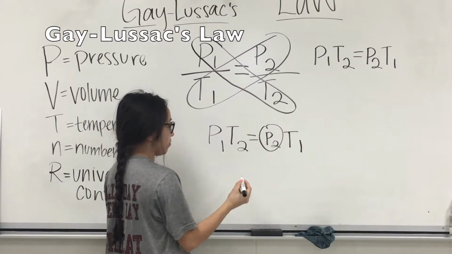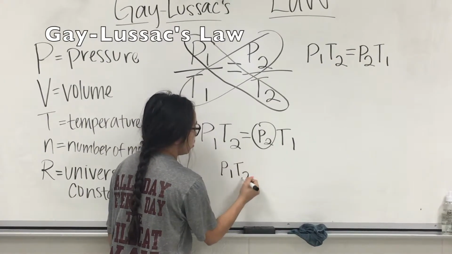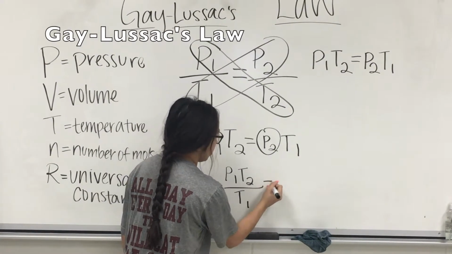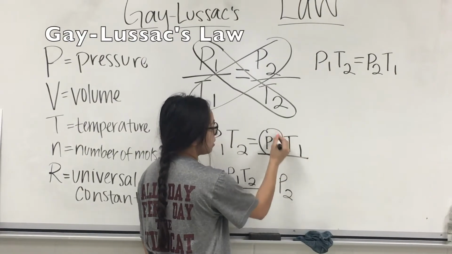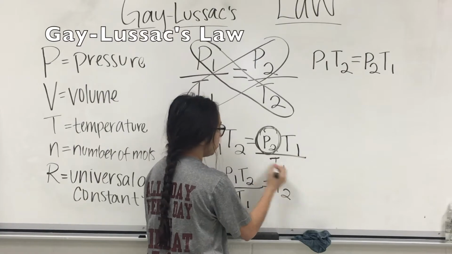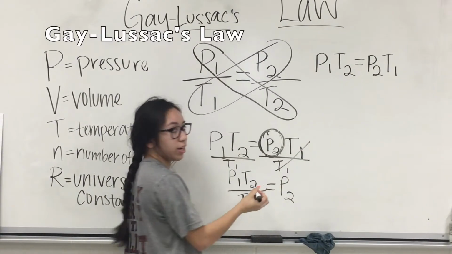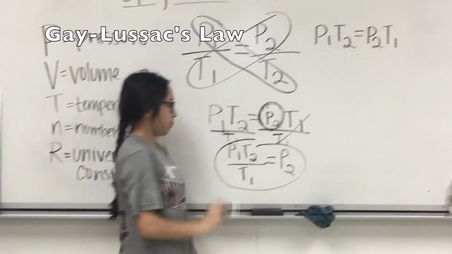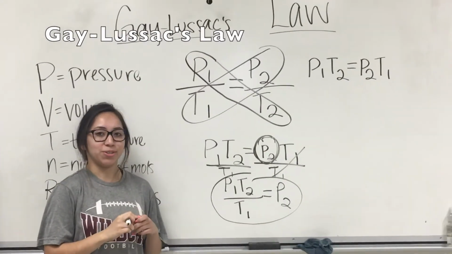Now your new equation will be P1 T2 over T1 is equal to P2. Since you have to isolate your P2, you divide by T1 on both sides to cross out your T1 and leave your P2 alone. And so now your new equation will be P1 T2 over T1 is equal to P2.